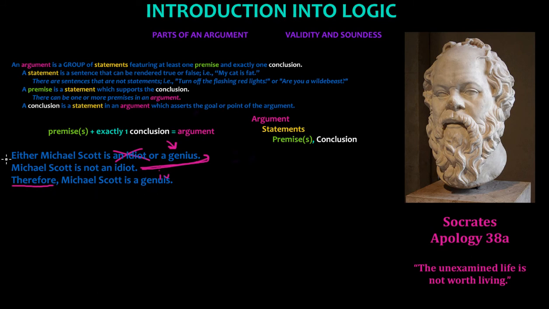So here we went through each sentence to determine whether or not they work as statements. We then determined whether or not they were a premise or the conclusion, and we ended up with determining the first two were premises, with the last statement being a conclusion.